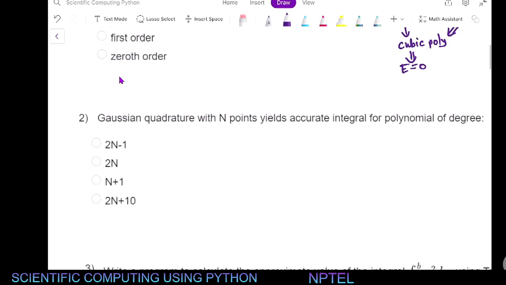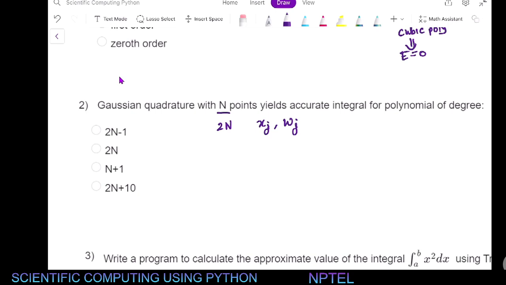Second question: Gaussian quadrature with endpoints yields accurate integral for polynomial of degree what? As we discussed, how many degrees of freedom or constants do we have to determine? 2n, right? We have all the x_j's, n of them, and w_j's.